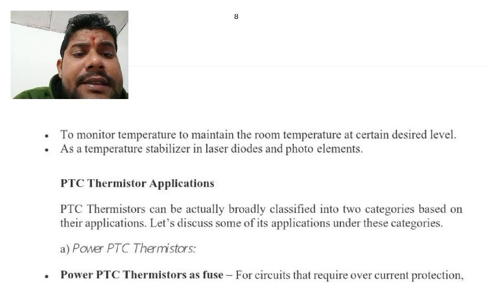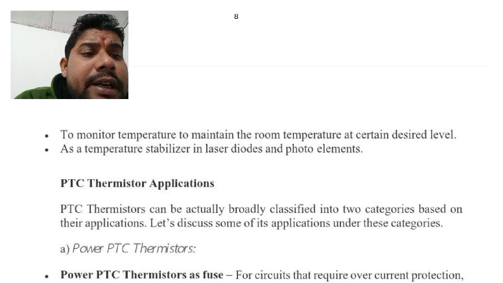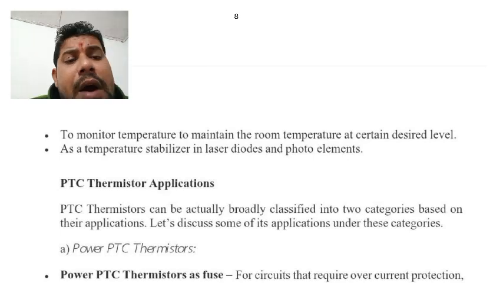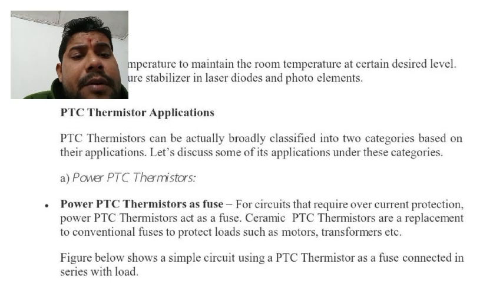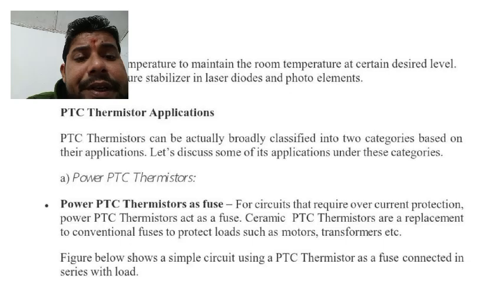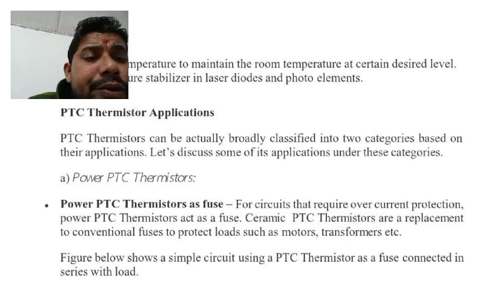PTC applications. PTC thermistors can be broadly classified into two categories based on application. Let's discuss some applications. Power PTC: a fuse for circuits that require over-current protection. A PTC thermistor acts as a fuse.